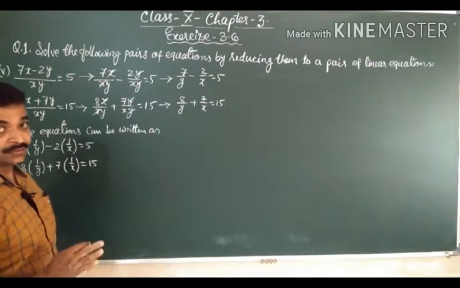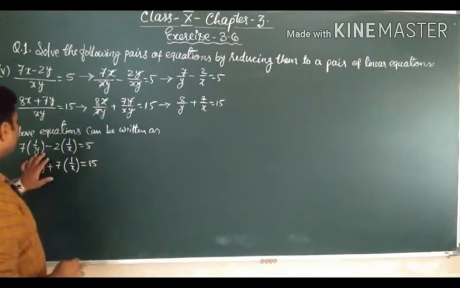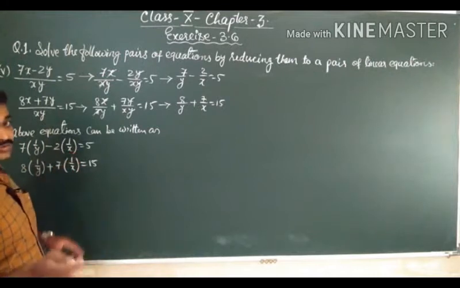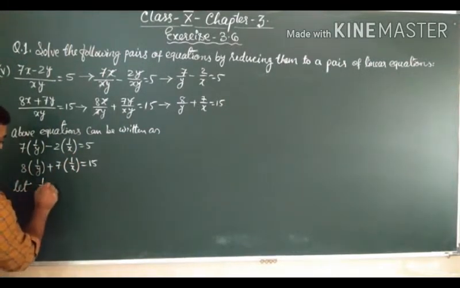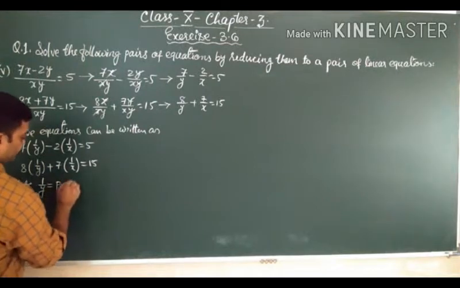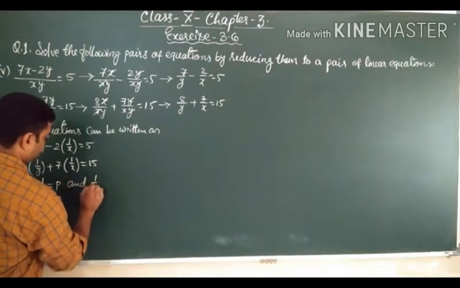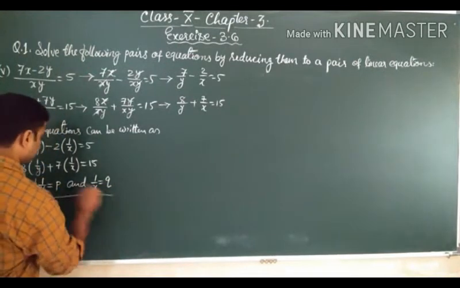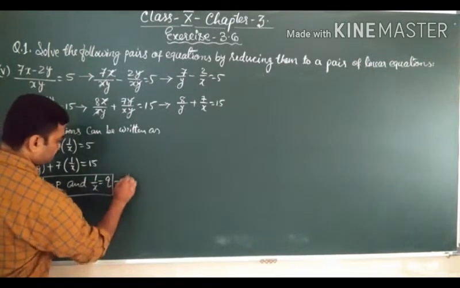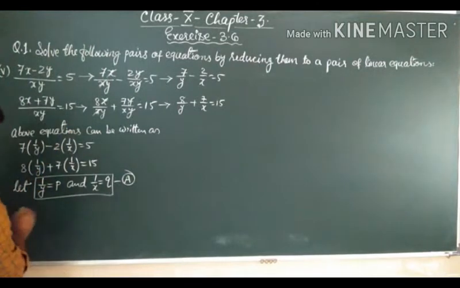Now we suppose that 1/y is equal to something and 1/x is equal to something. Let 1/y be p and 1/x be q, and this is our A.